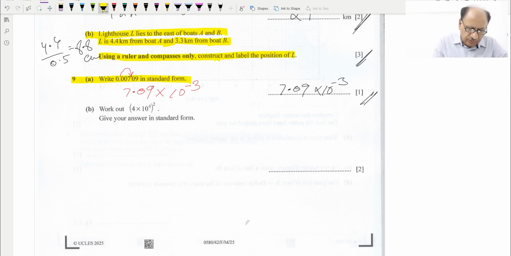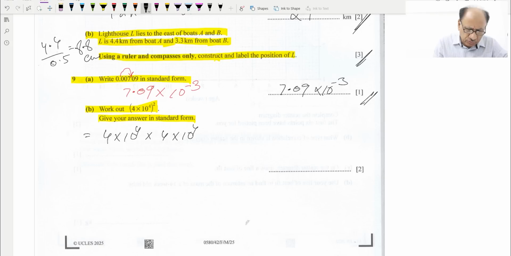Now for B part, work out this square, give your answer in standard form. So this will be 4 into 10 raised to the 4 multiplied by 4 into 10 raised to the 4. This will be the situation.